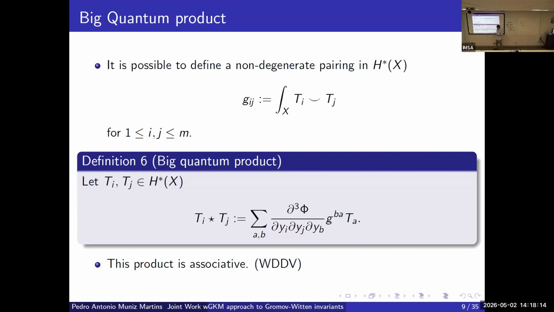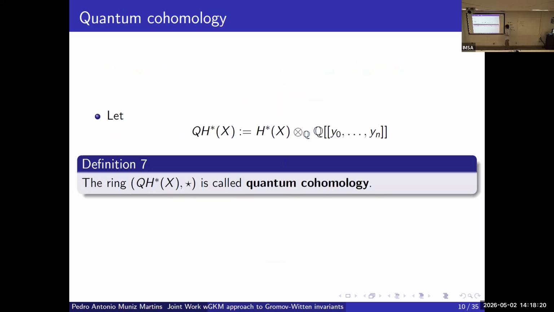And this product is associative, commutative, and has a unit. And it's possible to consider this ring here, that's just the cohomology tensored by this formal power series in these coordinates also. And we call this ring with the big quantum product star the quantum cohomology of the space X.